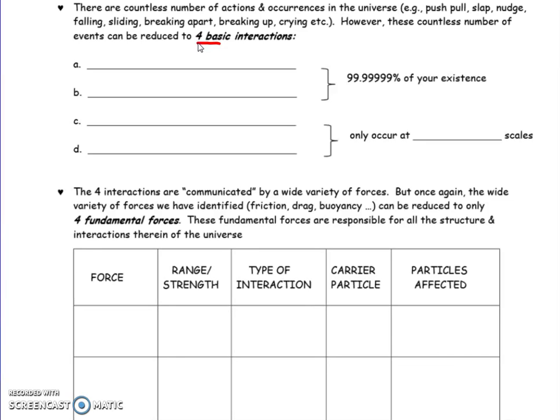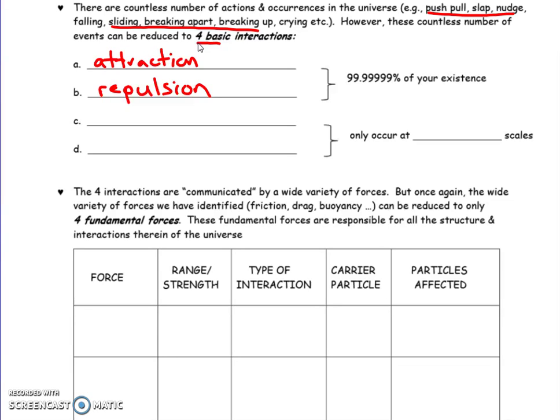All right, so the first two are somewhat familiar to us. They are attraction and repulsion. Okay, so it might not be obvious, but everything that I have listed up right here is either at some level an attraction or repulsion, or maybe a combination thereof. Okay, a push, you can think of, if I push against something, I'm repelling it, I'm pushing it away from me.